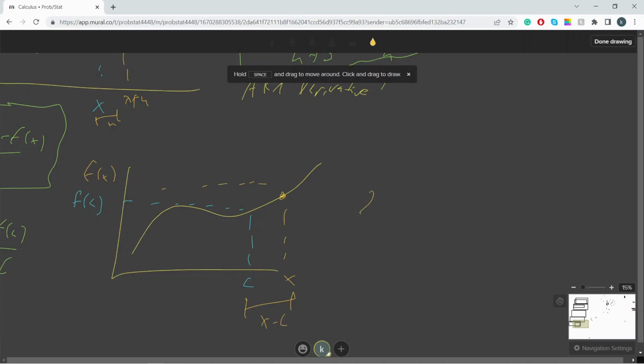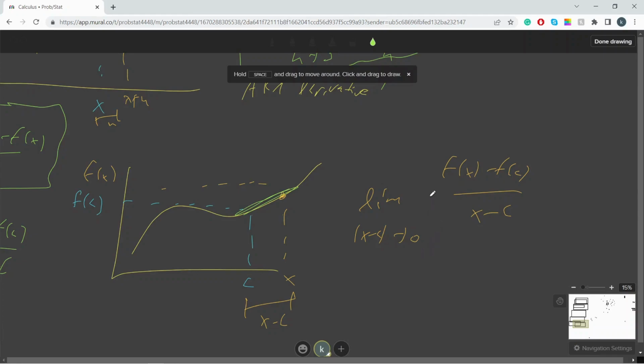So we want to take the limit as x minus c approaches 0 of f of x minus f of c over x minus c. And the thing here is that we're still taking the slope of this line right here shown in green, between the blue and the orange point, but our limit is formulated like this.